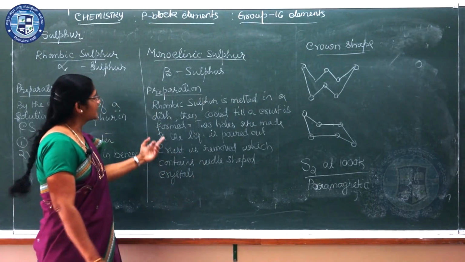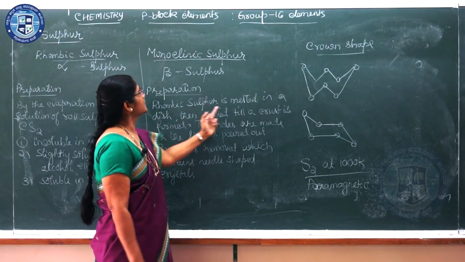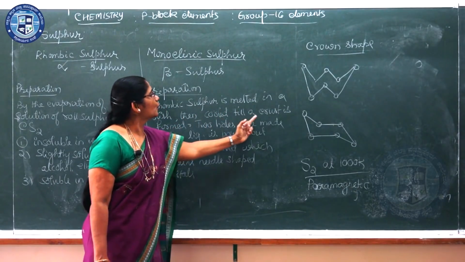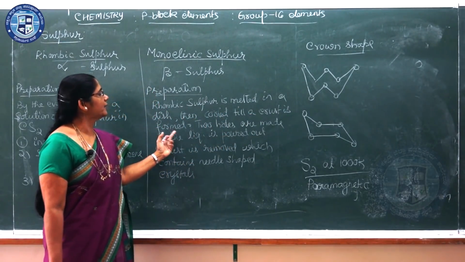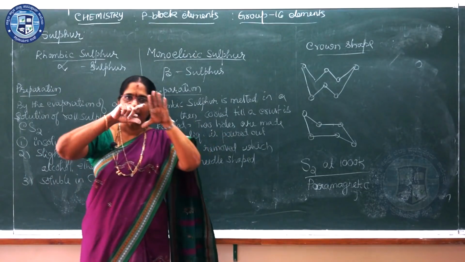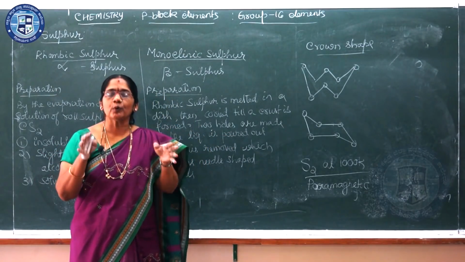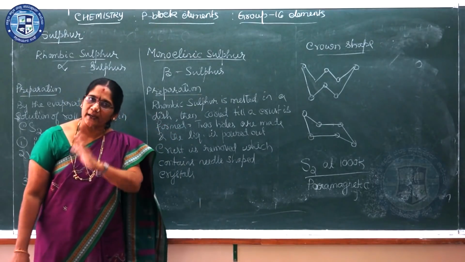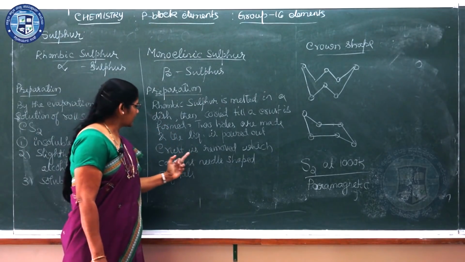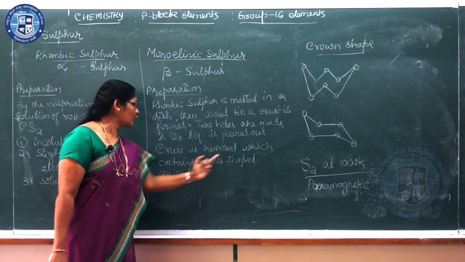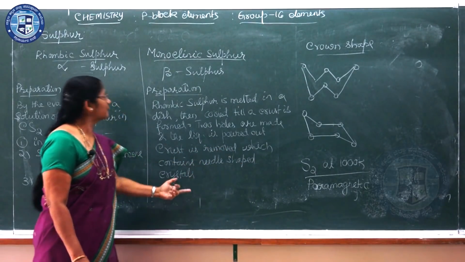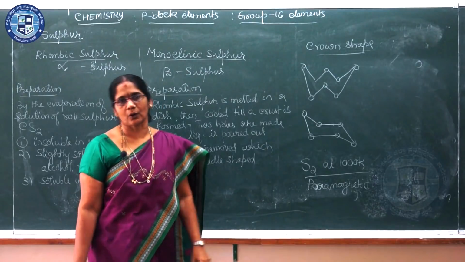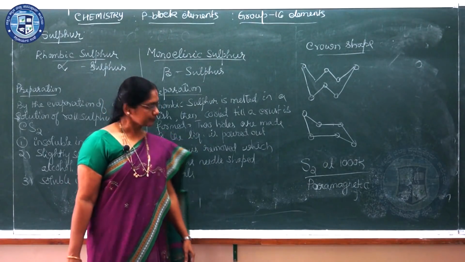Rhombic sulfur is melted in a dish, then cooled till the crust is formed. If two holes are made in the solidified crust and the liquid is poured out, the crust is removed, which contains the needle shaped crystals of beta sulfur or monoclinic sulfur.